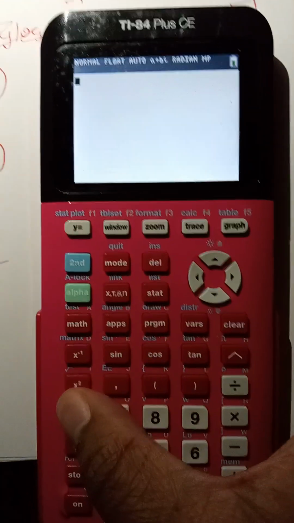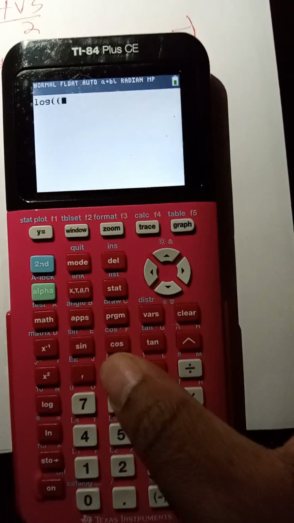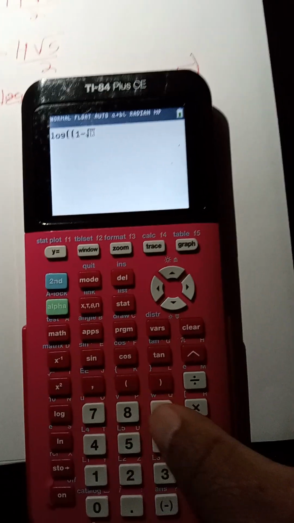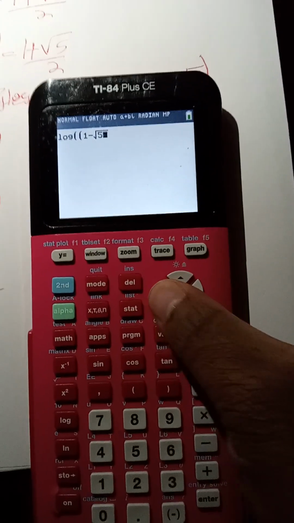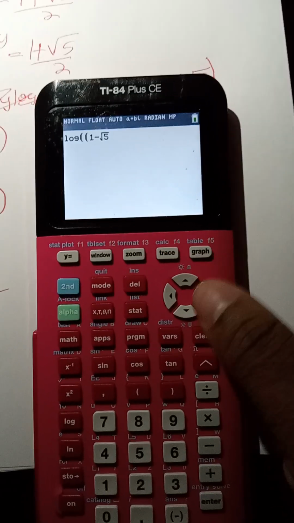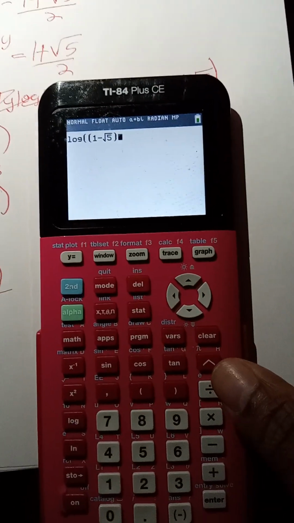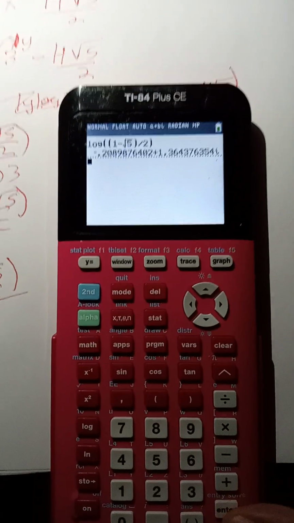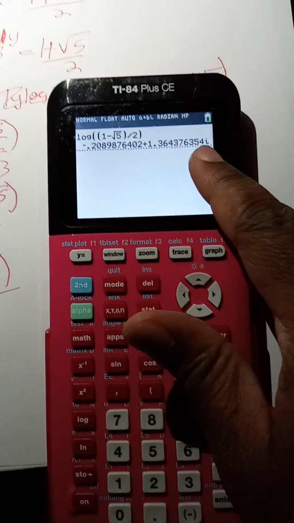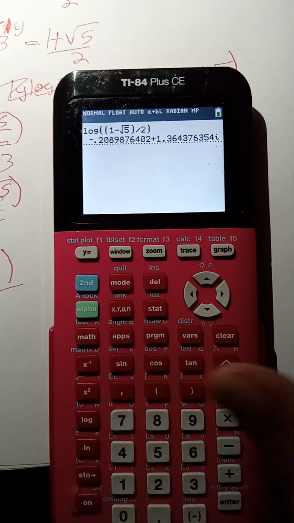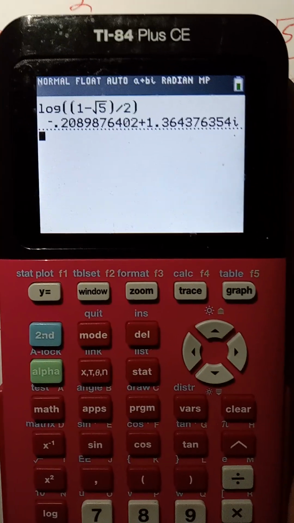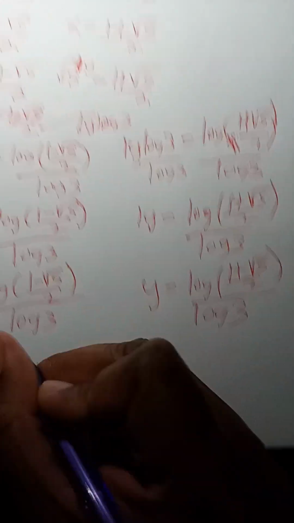So log of 1 minus square root of 5 and then divided by 2. As you see, this is imaginary, an imaginary solution. So this is an extraneous solution.